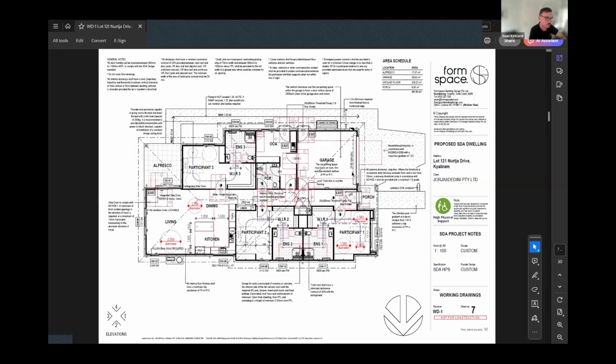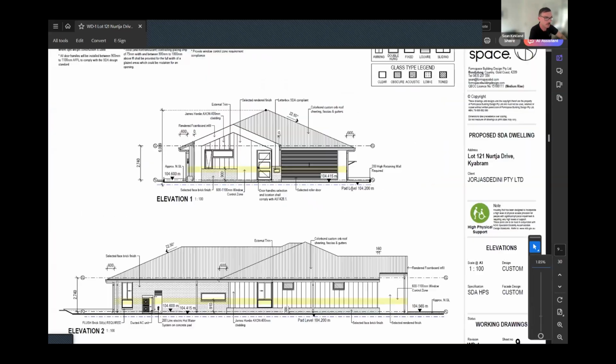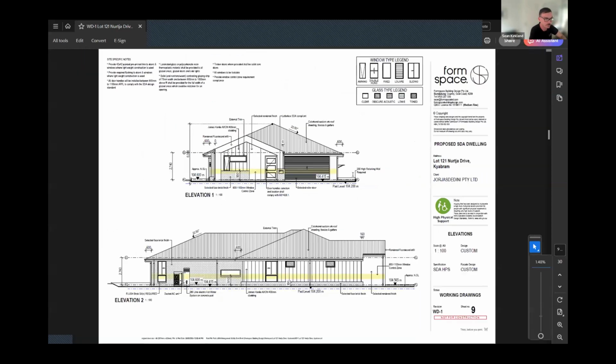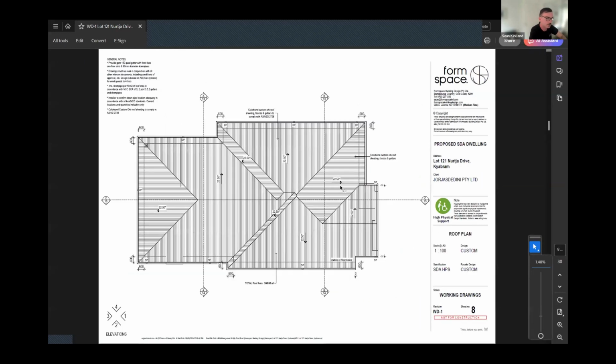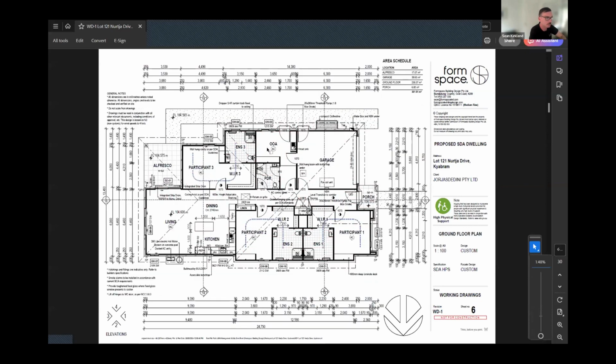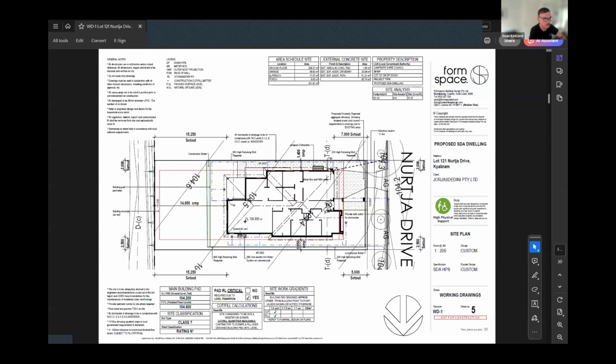In this instance, for example, we nominate the pad level and the finished surface level to demonstrate the critical height requirements for the builder, to ensure that they get the levels absolutely correct in terms of the perimeter path and the access to the street.